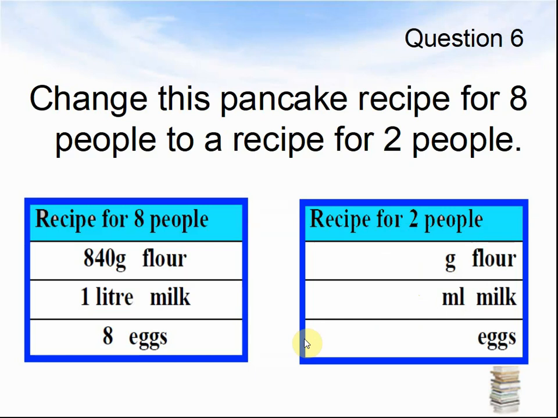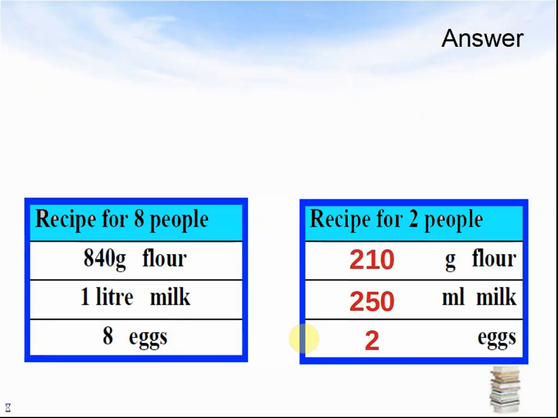Question 6. Change this pancake recipe for 8 people to a recipe for 2 people. Pause the video until you are ready to look at the answers. Here come the answers. You had to divide every number by 4.